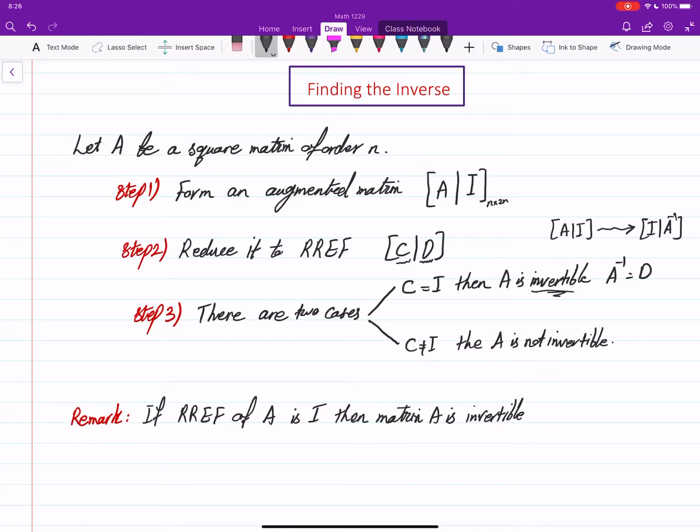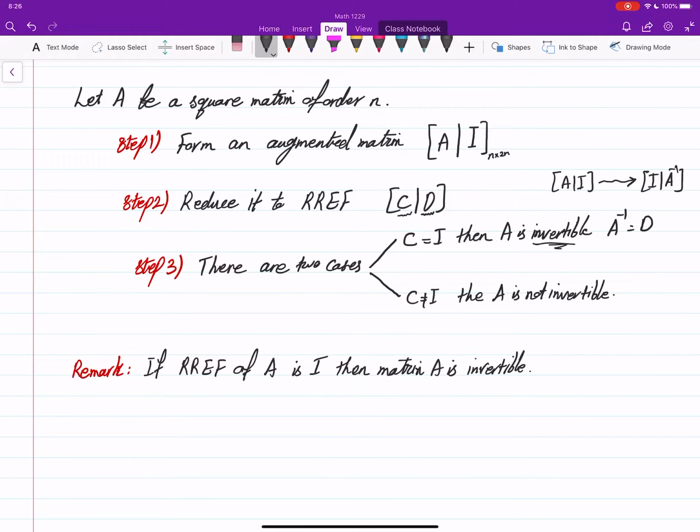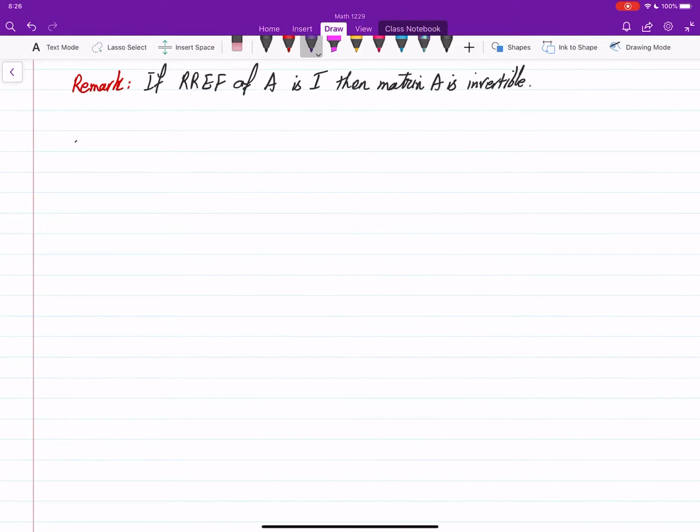This is actually if and only if: matrix is invertible, row reduced echelon form is going to be identity, and if row reduced echelon form of A is identity, then the matrix is invertible. Okay, let's do examples, and in examples everything will be better, more clear.